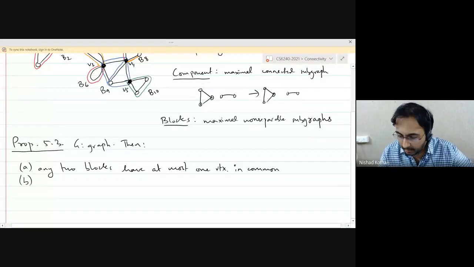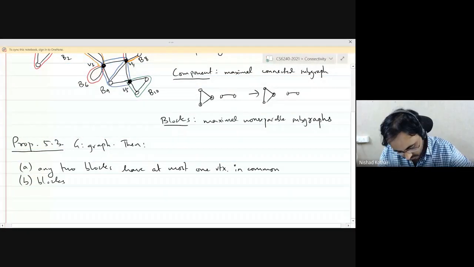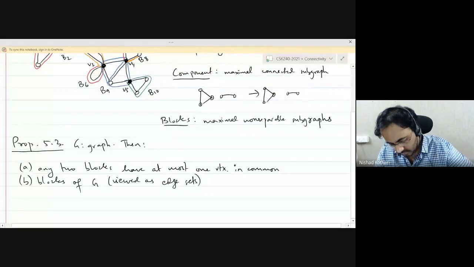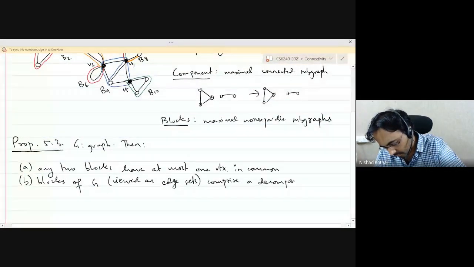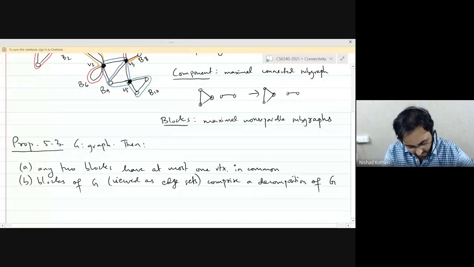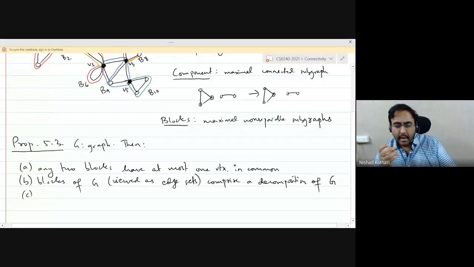If you view the blocks as edge sets, they comprise a decomposition of the graph. And finally, if you look at any cycle of the graph, it will have to be contained in exactly one block.